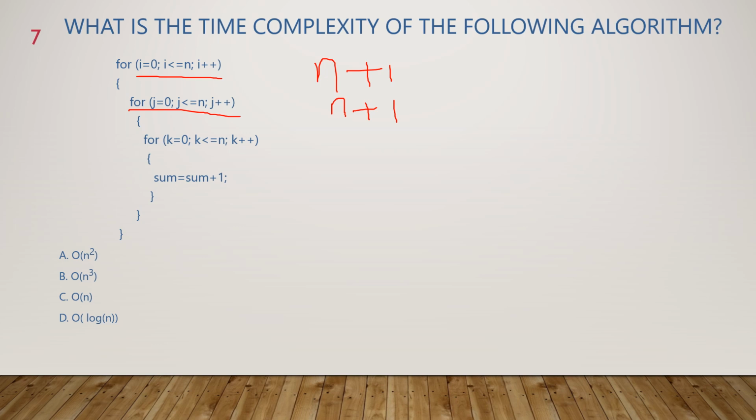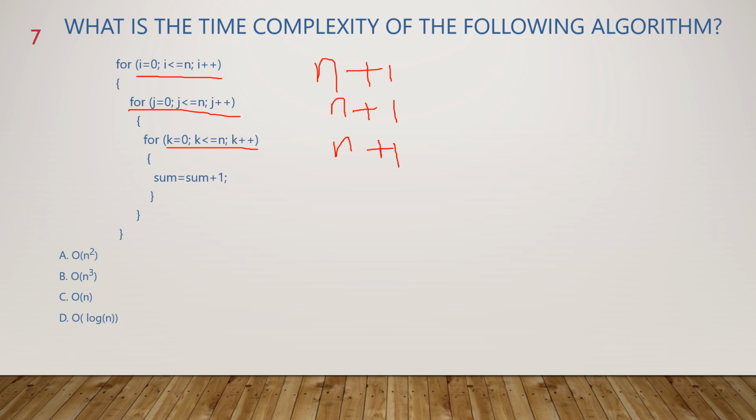And the third one is also independent and similar, so this is n plus 1. Finally, when you compute this, if the loops are nested and independent, the result will be the multiplication of the three.